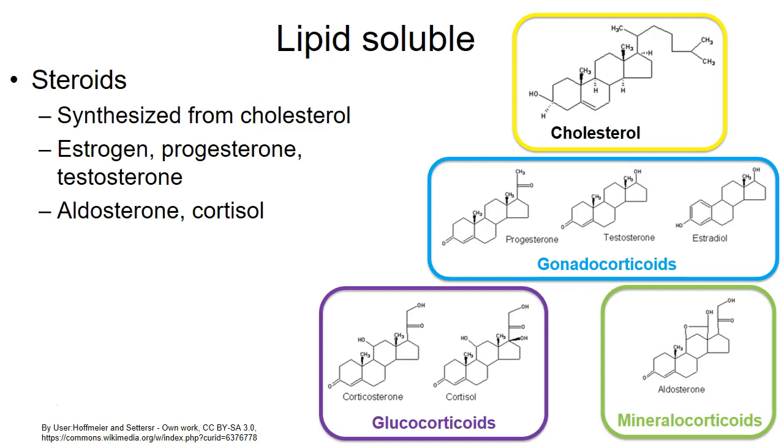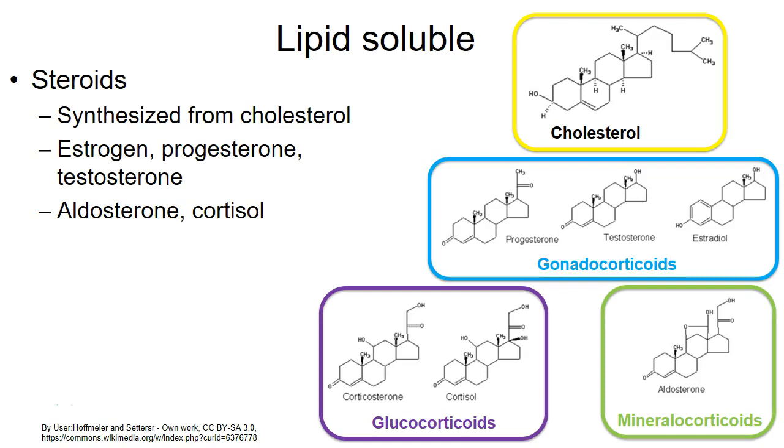Cholesterol, we know, is very lipid soluble. Not surprisingly, these steroid hormones are lipid soluble. So here, once again, if we have similar chemical structure, we're probably having similar chemical characteristics, right? Cholesterol is lipid soluble, so many of these hormones that look like cholesterol are also lipid soluble.